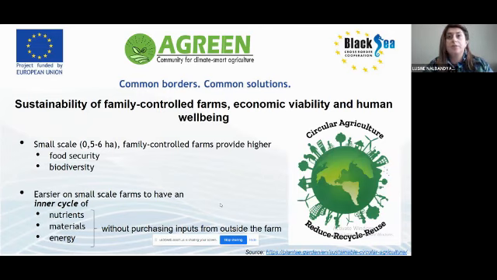Another indicator for farm sustainability can be the size of the farm and also the form of the farm. Here we want to talk about sustainability of family-controlled farms, about economic viability and human well-being.